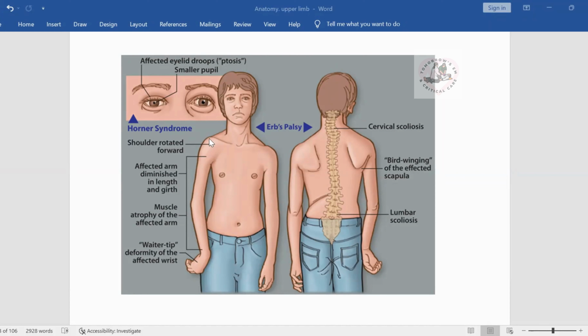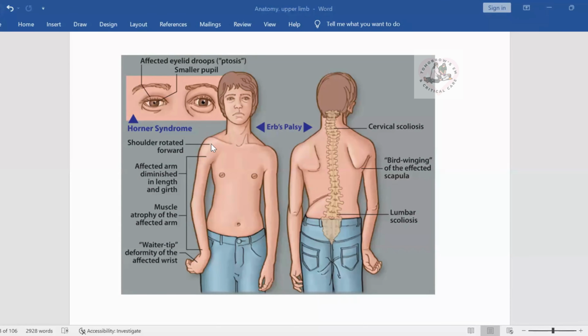Shoulder rotated forward. Affected arm diminishing in length and girth due to muscle atrophy. You see here, hand points backwards. That means hand pronated, and this one is called waiter's tip deformity. Clear? So again, just look at the picture.